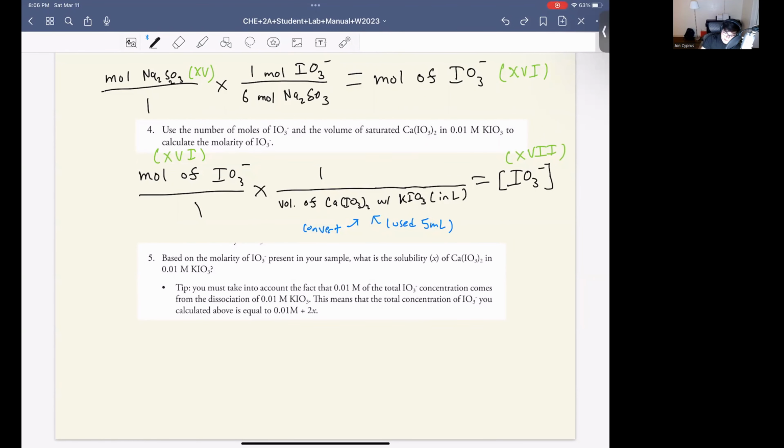What you're going to do is take your concentration of iodate, and let me write this out from step 18, calculation 18, I guess, whatever it is. Number 18, this thing up here.